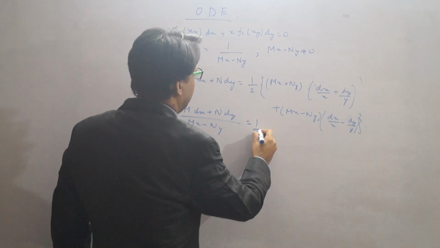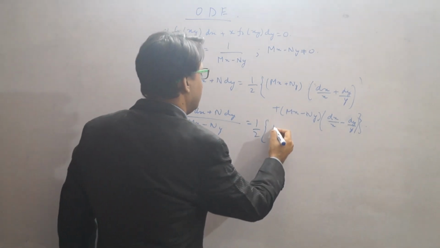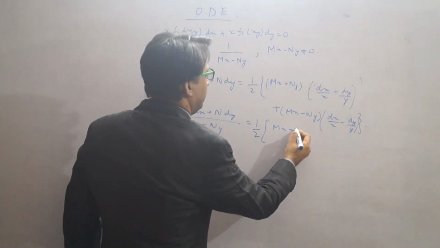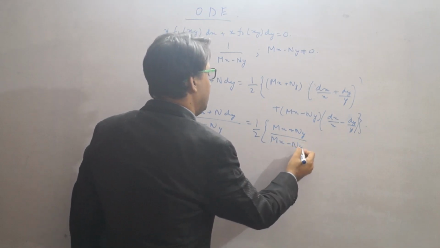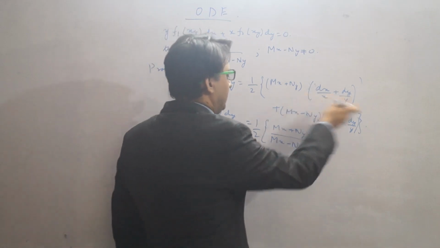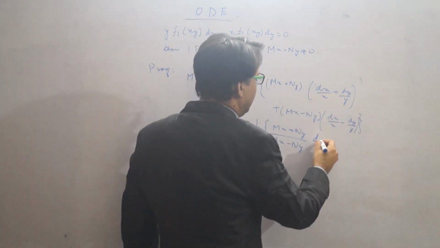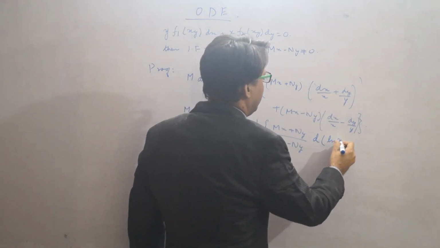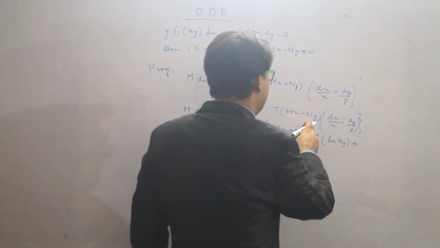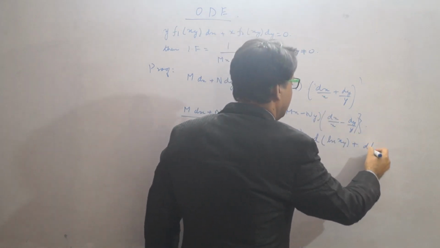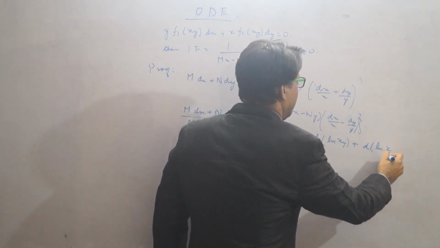So here it is mx plus ny divided by mx minus ny, and we can write this as d ln of x by y plus, this becomes 1, so this can be written as d of ln x by y.